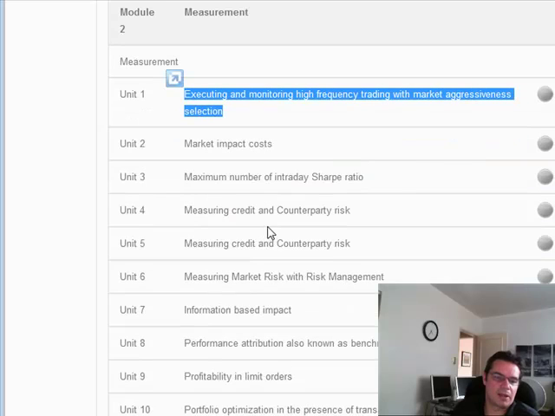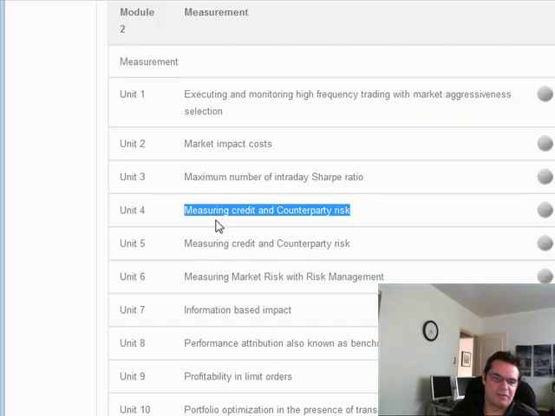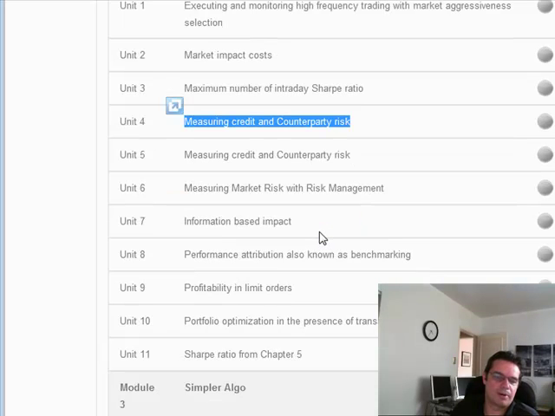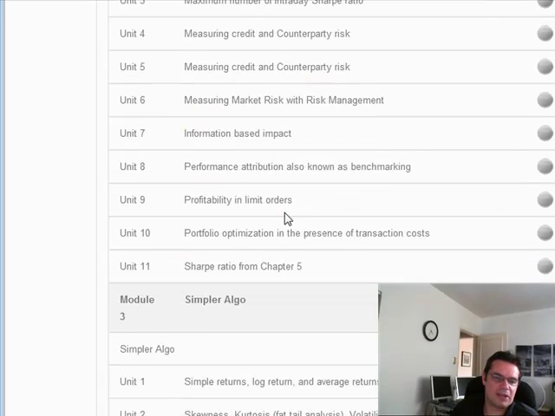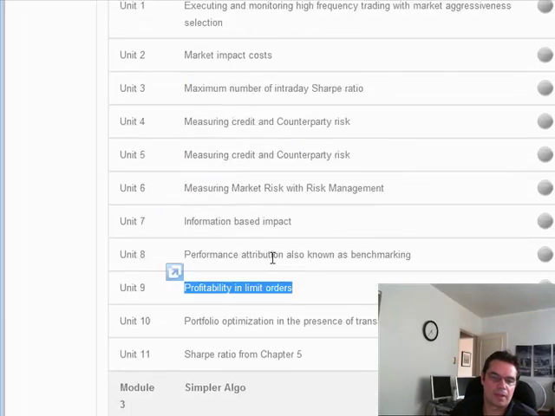You want to measure maybe market impact costs, calculate your maximum intraday Sharpe ratio. And this is more for derivatives, obviously, measuring credit and counterparty risk, measuring market risk with risk management, information-based impact, performance attribution, benchmarking basically, profitability and limit orders, transaction cost on portfolio optimization, and Sharpe ratio.